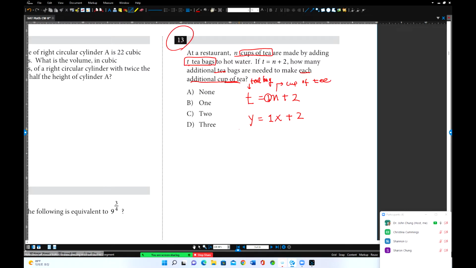The equation up here looks like this. This is n, cups of tea, and t equals cups of tea over bags.